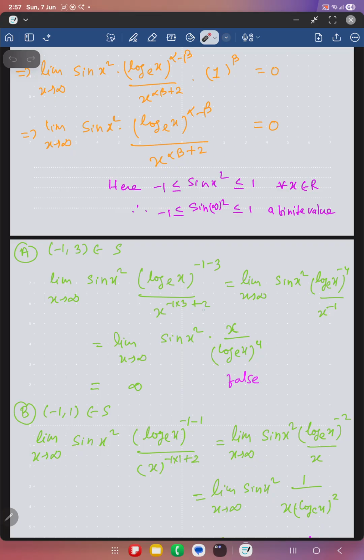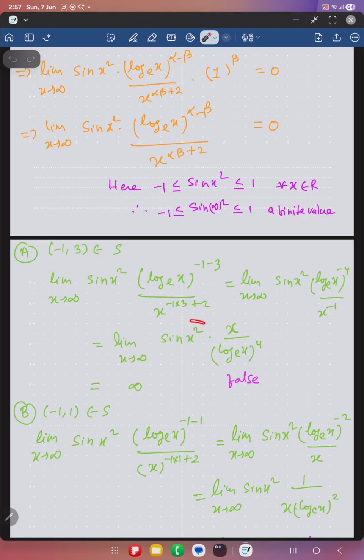So this will give you limit x tends to infinity sin x square log e x power minus 4 divided by x power minus 1. So finally, if you make the power positive, this x will go here and log x will come down, so the power will become positive.